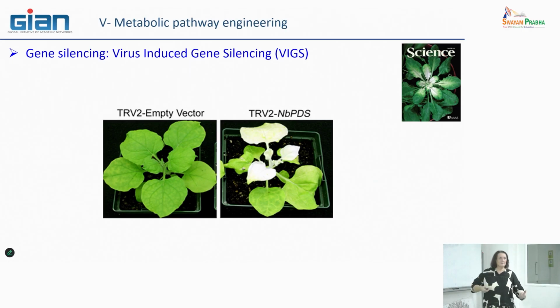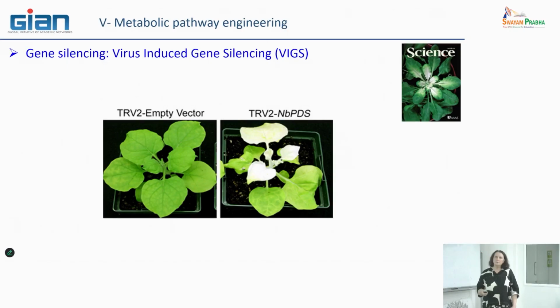It is also based on the idea of silencing a specific gene. And in this case, it is not induced by agrobacterium and the classical transformation by agrobacterium, but it is induced by a virus. Okay. And so it concerns only transient transformation and not stable transformation.